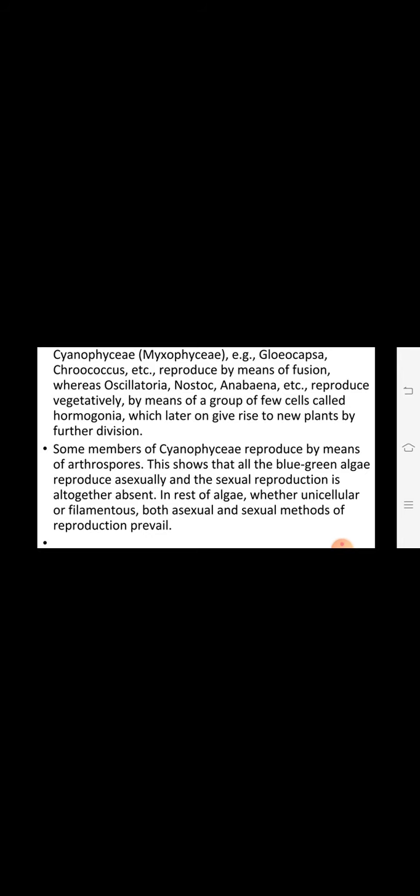In the most primitive algae, members like Myxophyceae or Cyanophyceae, examples are Gloeocapsa and Chroococcus. These are unicellular. They reproduce by means of fission, whereas Oscillatoria, Nostoc, Anabaena, the BGA, reproduce vegetatively through the presence of Hormogonia. Already we have seen this character, Hormogonia, right?